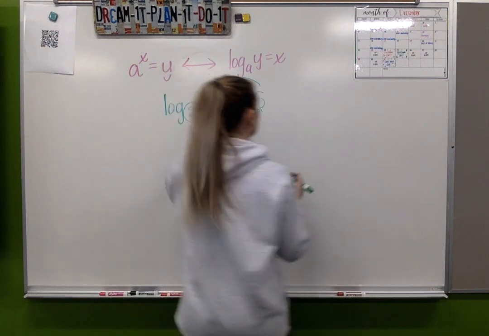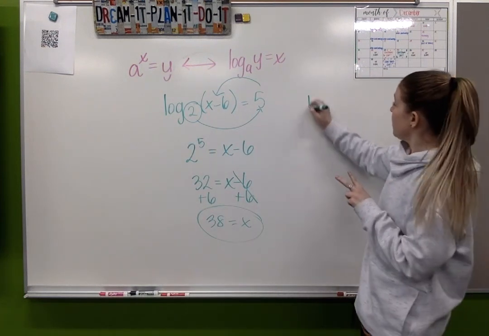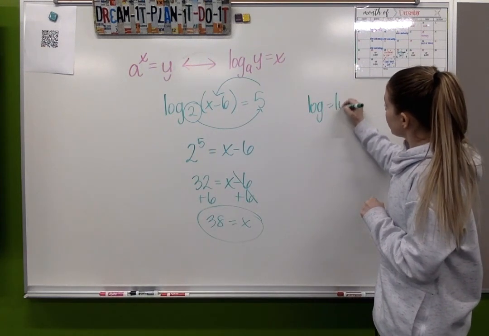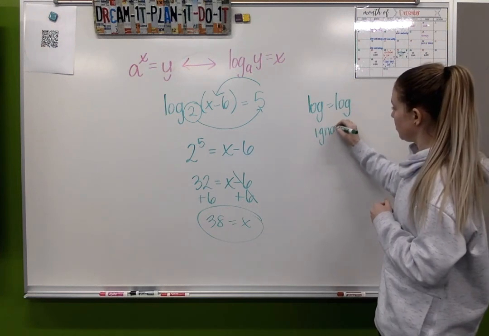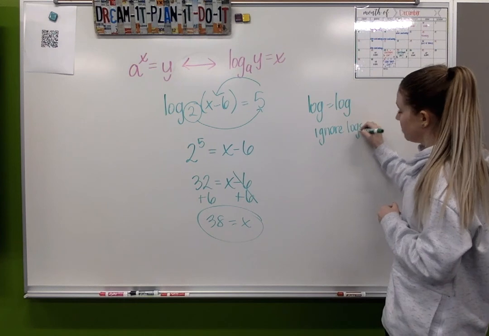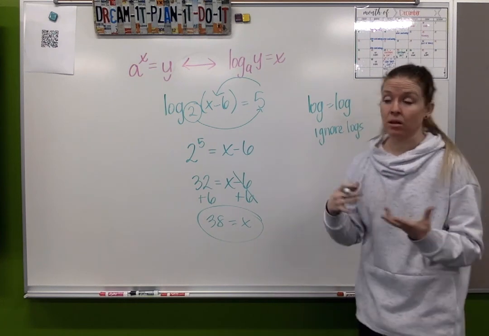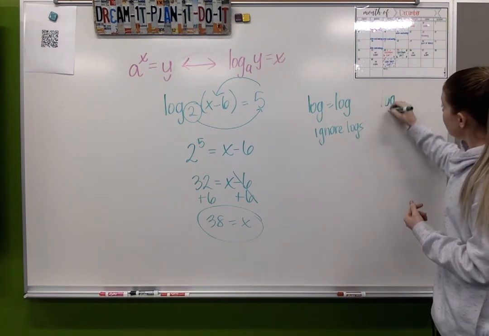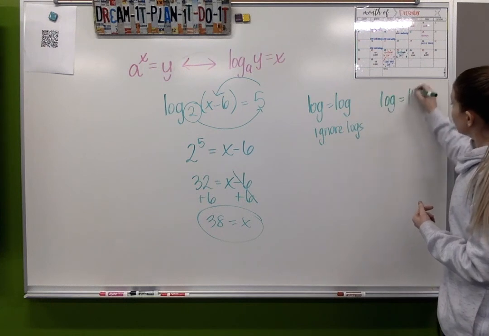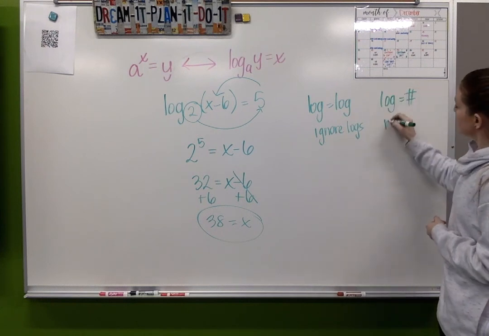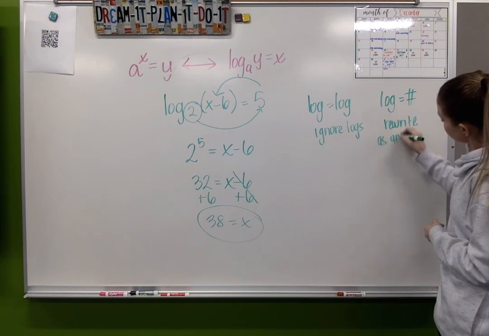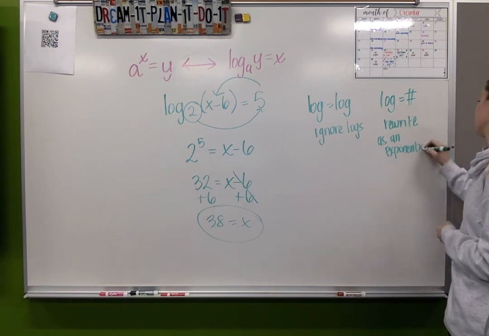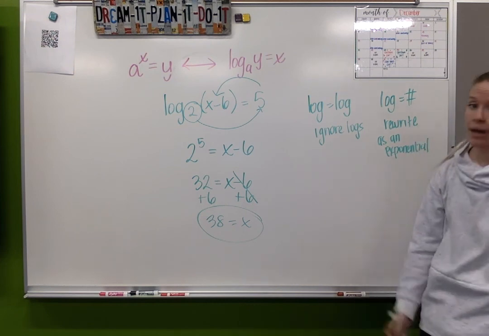Okay? So we had two options so far. If we have a log equaling a log, what we're going to do is ignore the logs and solve the inside piece. But if we end up with a log equaling a number, this is where we rewrite as an exponential. Okay?